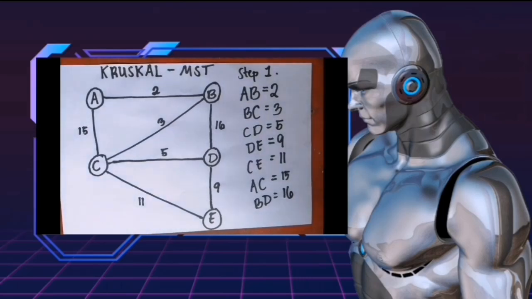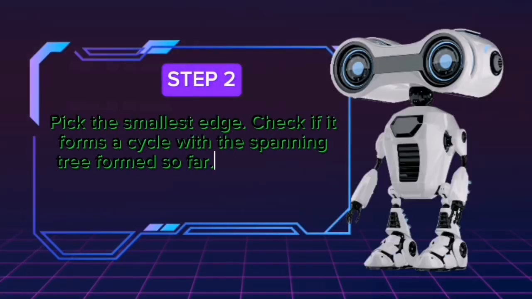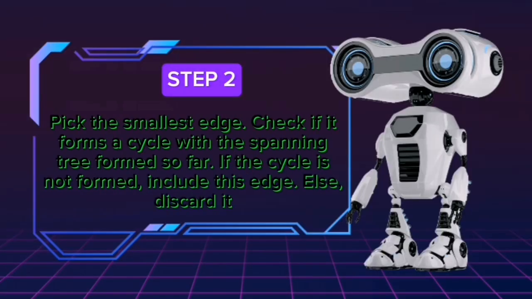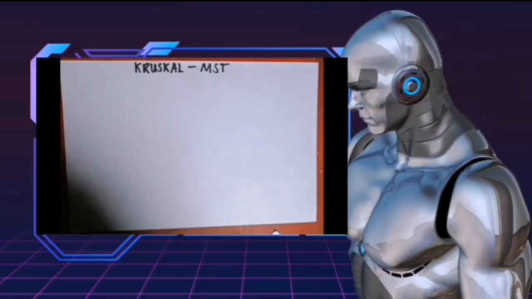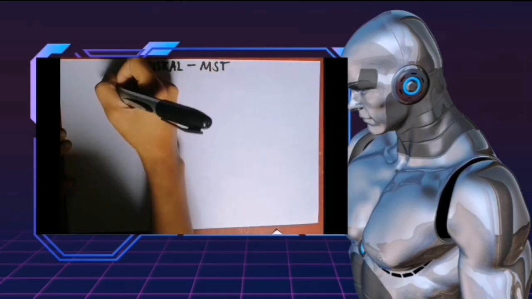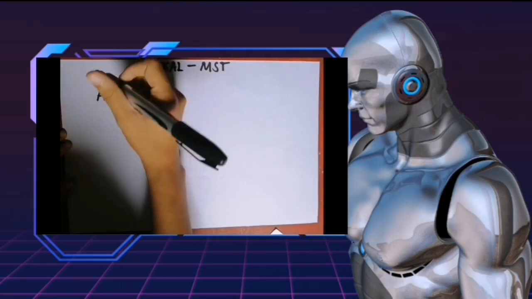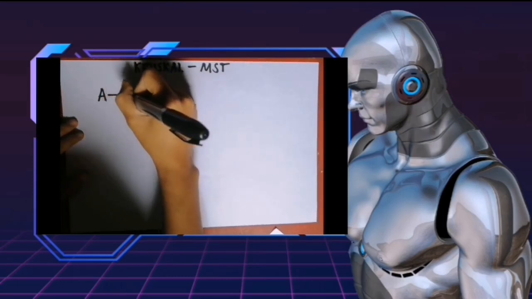Next we proceed to step 2. Iterate the sorted edges and add them to our MST if they don't form a cycle. First we have the AB is equal to 2 in our sorted edges.